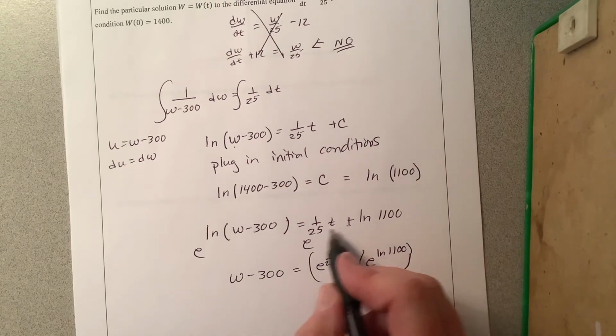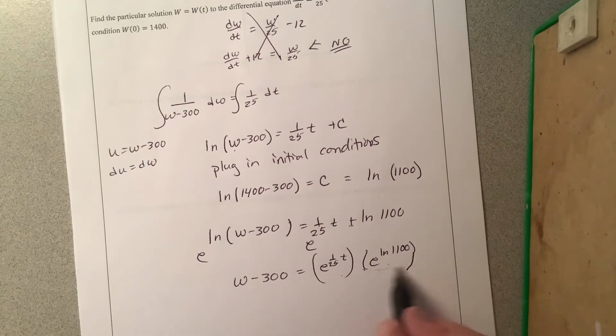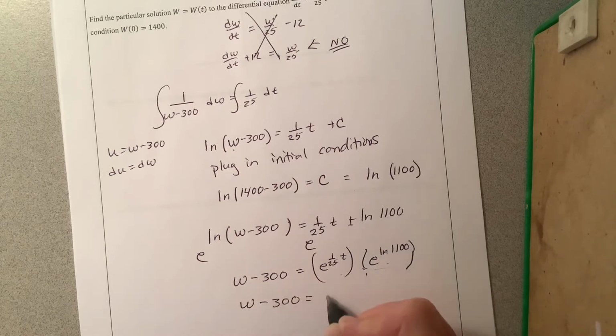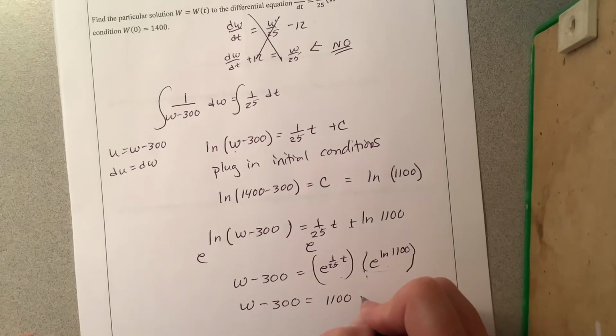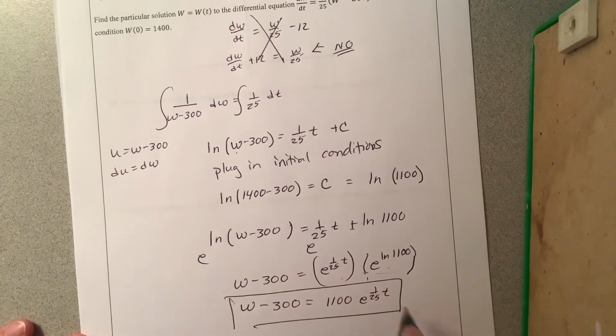Remember, when you add up here, the bases are the same, so you add your exponents. This is 1100, so now my equation is 1100 e to the 1/25 t, and you can add the 300 and you'll have your equation solved. Done.